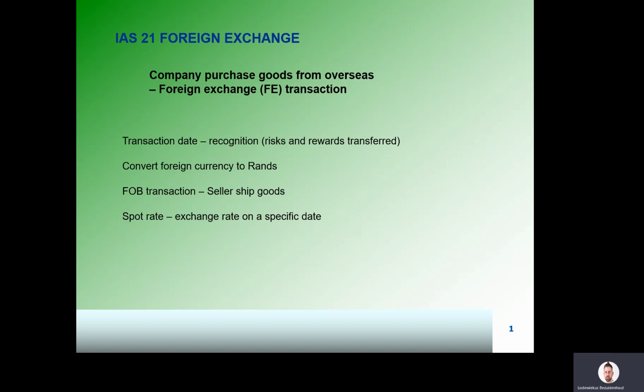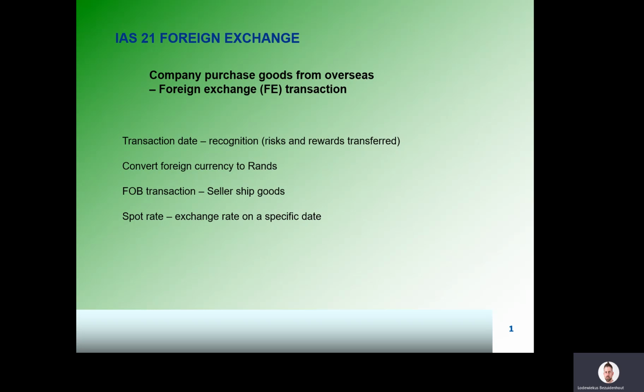So normally we would have an order date, there would be an invoice date, there might be a shipping date or FOB date, then there's a delivery date. So all those different dates could be used as a possible transaction date to convert from the foreign currency to rands, but we must look at when the risks and rewards are transferred. So the FOB date is when the goods are on board the ship and the seller is free of any risks. So we will use that date.